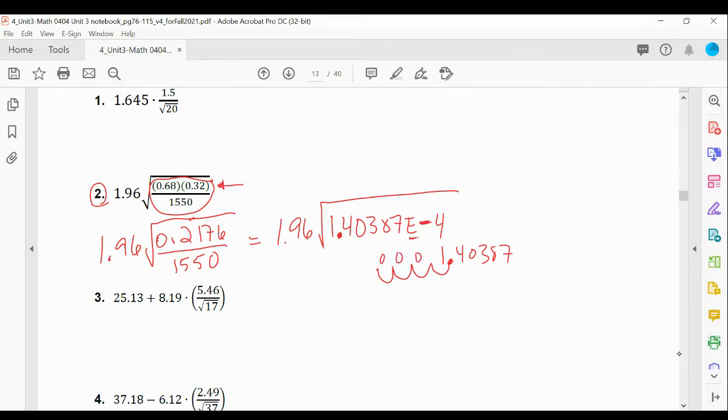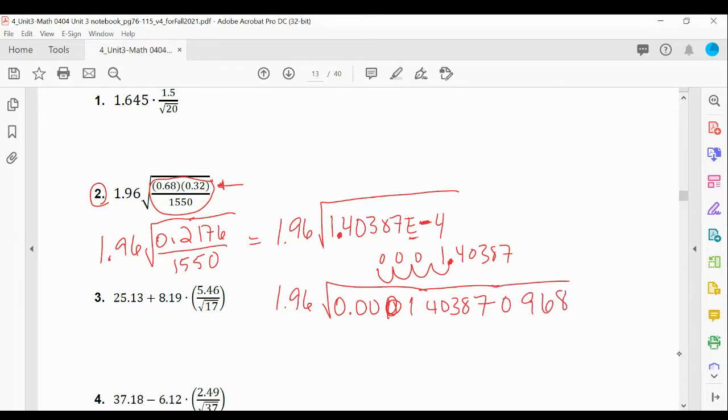So this decimal that's in here is actually 1.96 times the square root of 0.0001, oops, 3 zeros, 1.40387. And yes, you keep all the decimal places. Don't round until the very end, if you want to keep more, because the more decimals you have, the better the accuracy at the end.